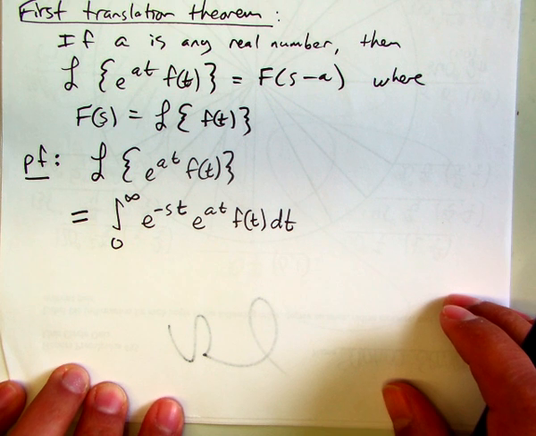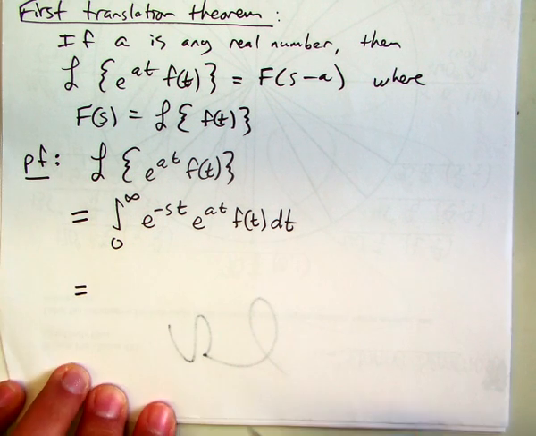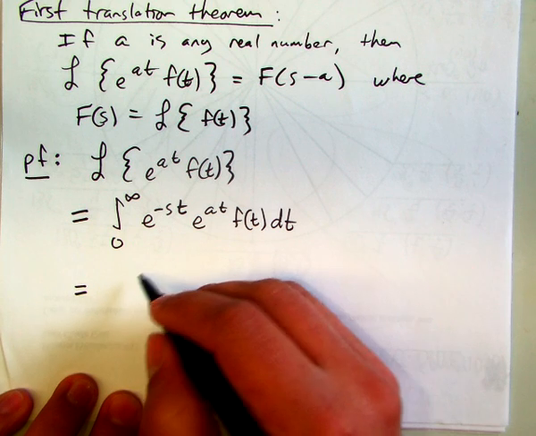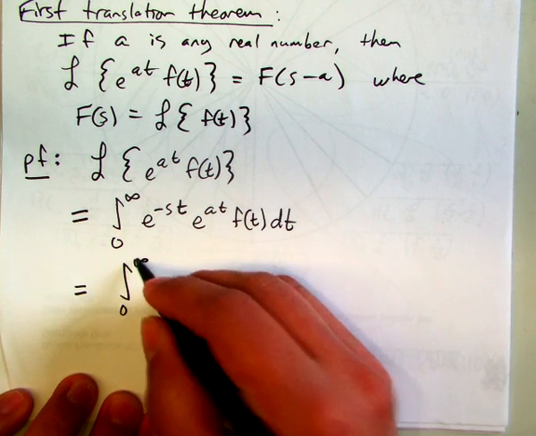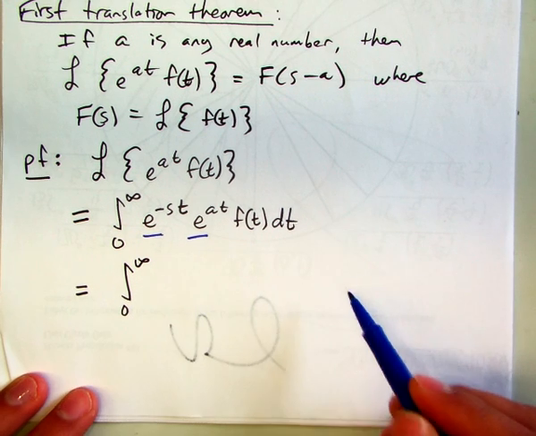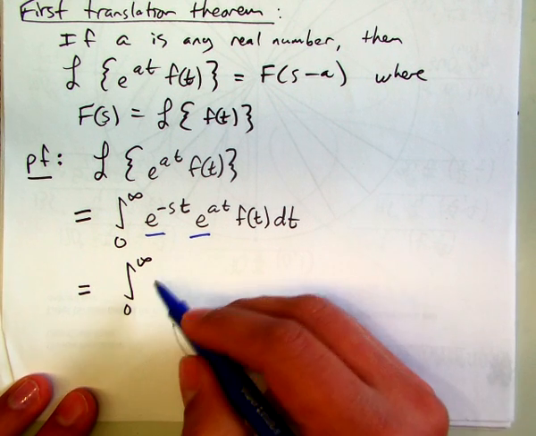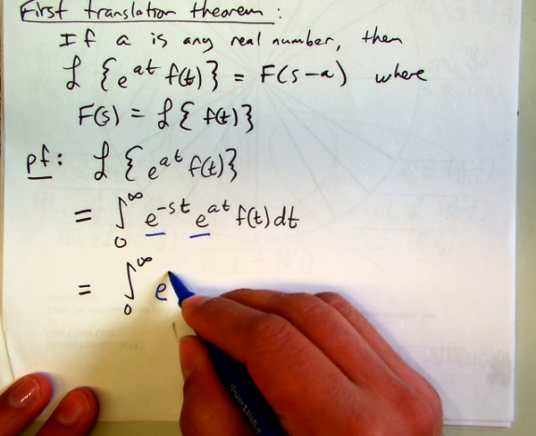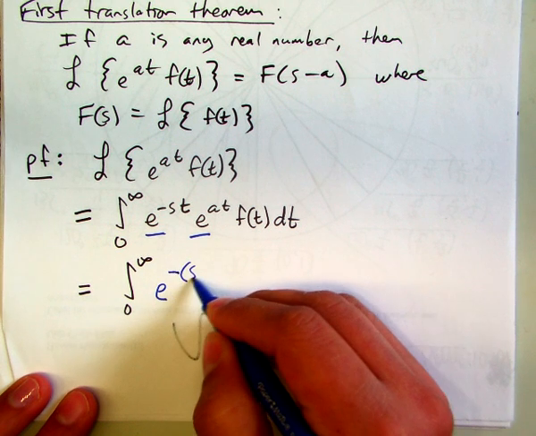And now we're almost done. We can group these exponentials together. So it's e to the minus s minus a times t.